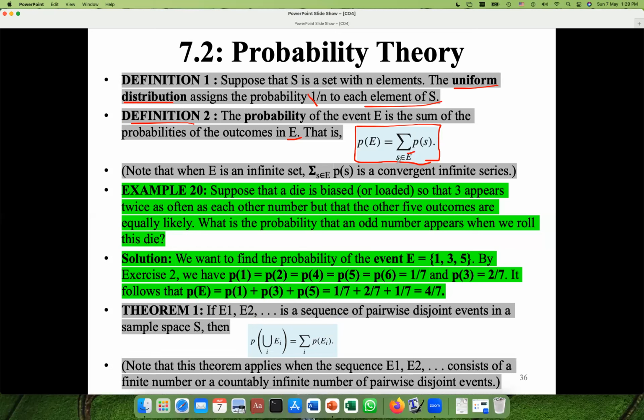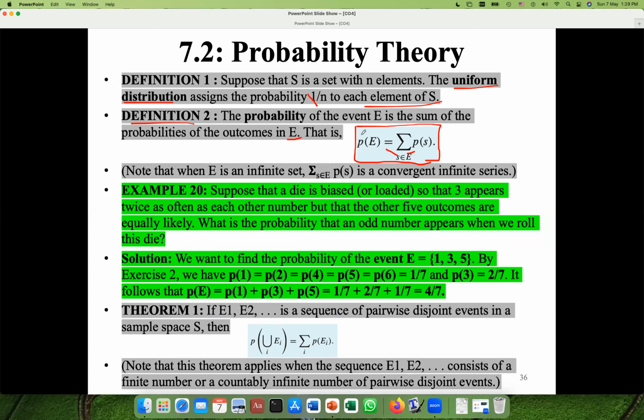So anyhow, this small s is the outcome which is available in the event. So now in the event, you have outcomes available. For example, in one event E, you have 5 different outcomes available. So we are calling those 5 outcomes s, and only one event.